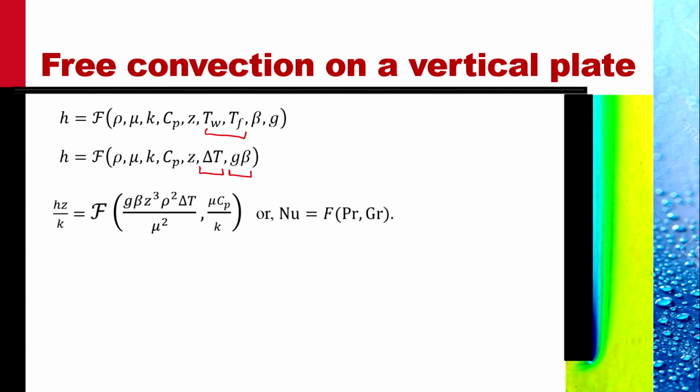And when we solved this problem last, we obtained Hz over K, which is the Nusselt number, as a function of the Grashof number and Prandtl number. This is the functional relationship that we obtained 2 classes earlier. Can we improve this result by directional analysis?